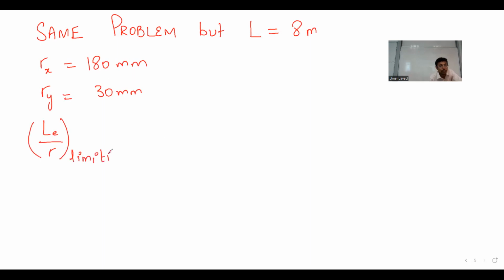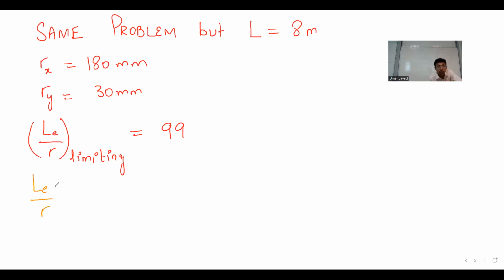You agree with me? Good, very nice. Like Usman said, I am doing the same problem, but this time length is 8 meters. So LE over R limiting, one of the students told me it doesn't change. So the value was 99. Okay. Now I will try to answer Mitch's question.